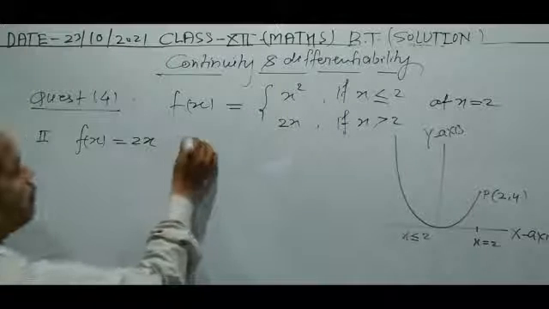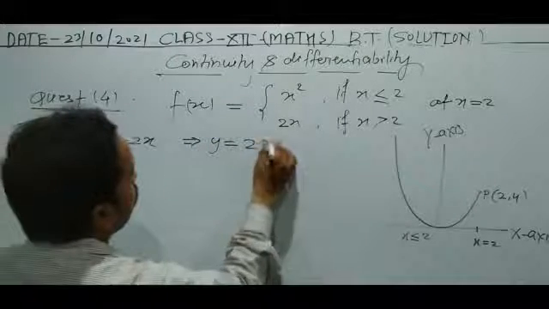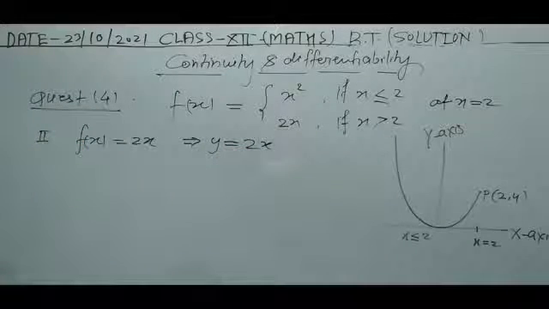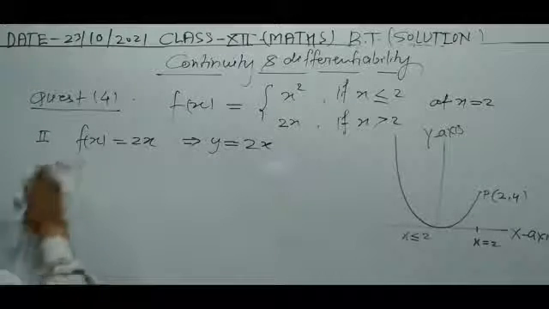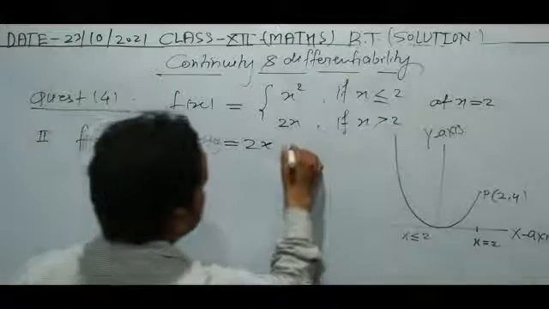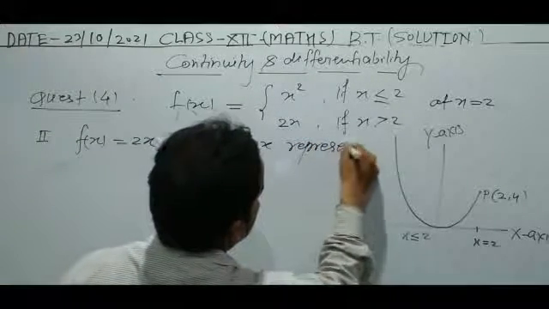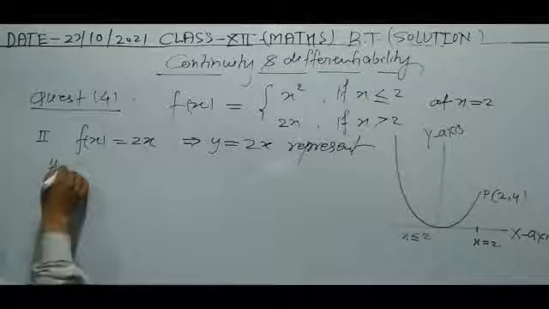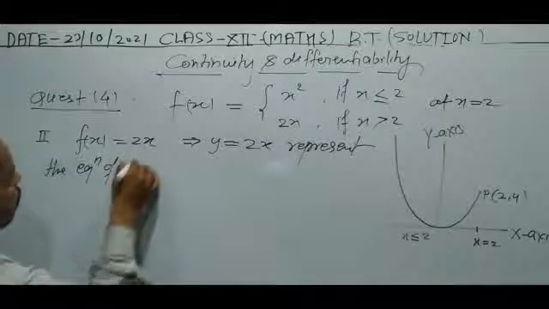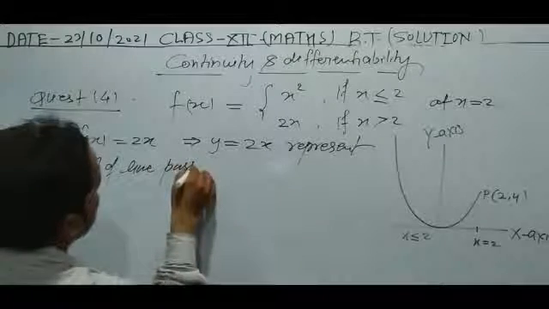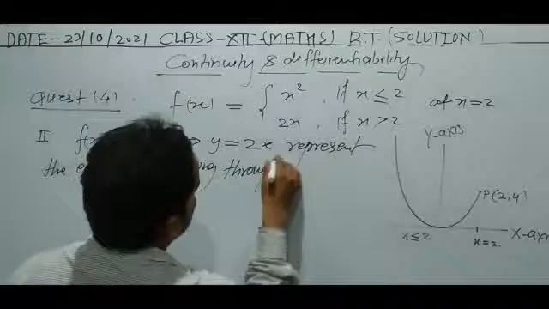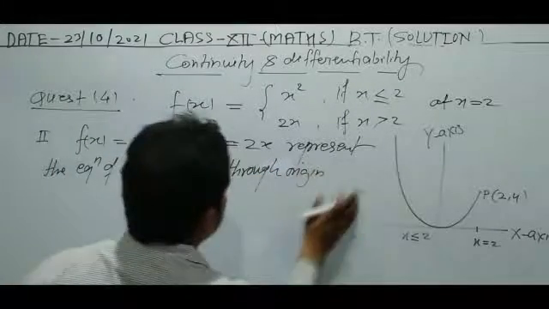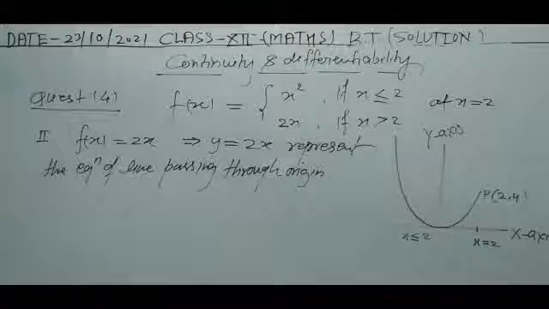This implies y is equal to 2x. This is the equation of a line passing through the origin, and any one point you can take.